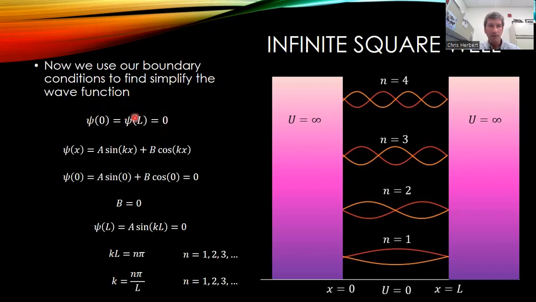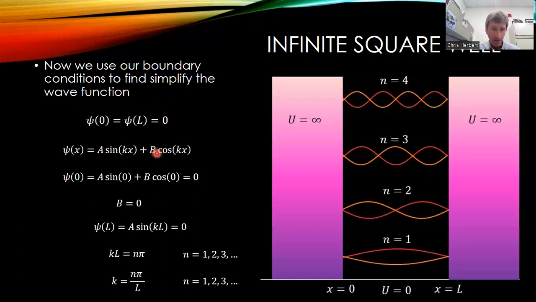Okay, so given my boundary conditions, I'm going to make the same argument that I said before. I can't really use cosine here because cosine at x equals 0 is 1. That doesn't work. So my cosine part of the solution has to just go away.